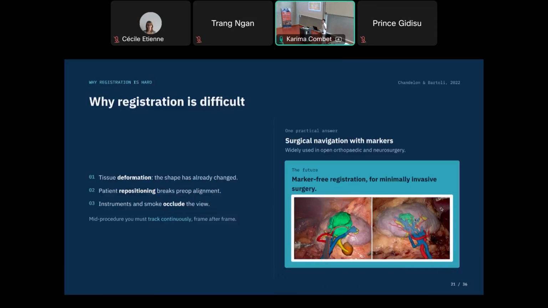Instead of predicting pose and deformation based on human features like contours, we train the network to extract the good features to register. It's exactly what you have in the literature for merging a CT scan with the MRI.